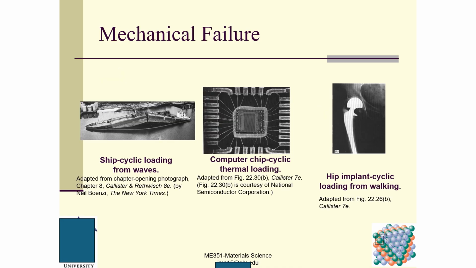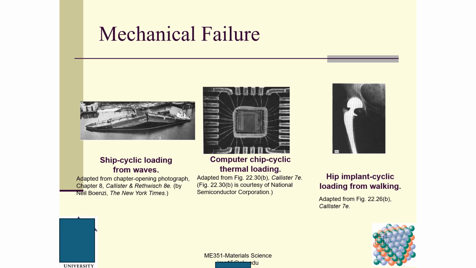Mechanical failure. As mechanical engineering majors, you need to know about mechanical failure. There are several different kinds of mechanical failure. For this one, this is ship cyclic loading from the waves.